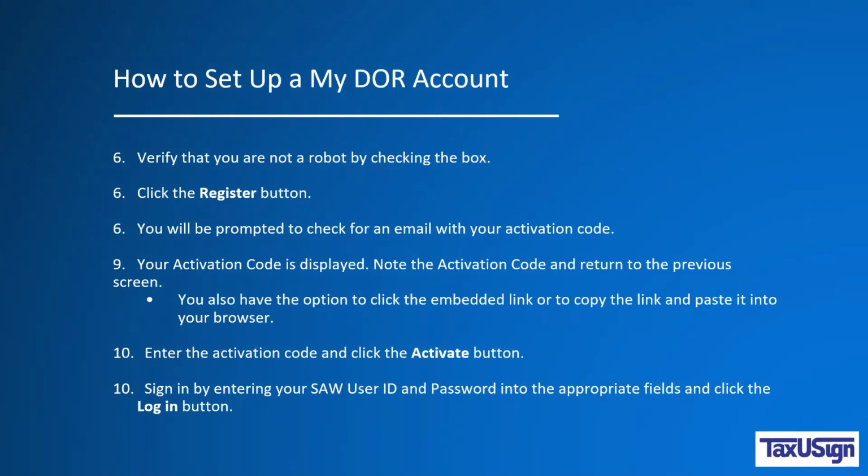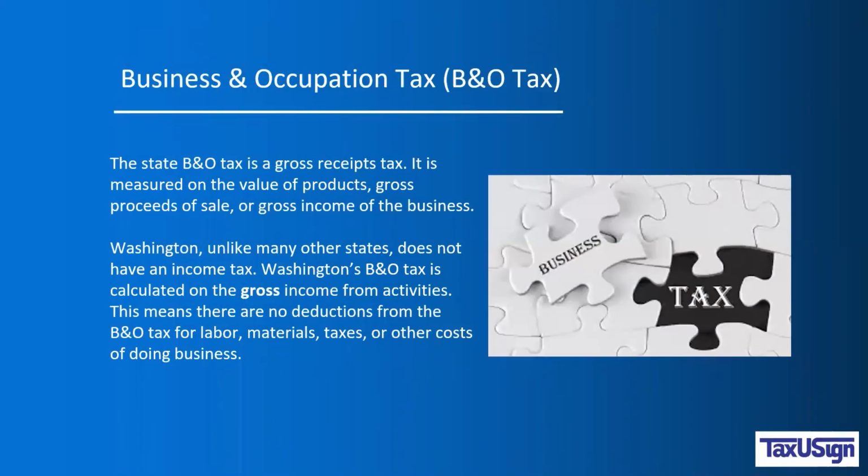Once you have your Department of Revenue account set up, this is where you would file your business and occupation tax return. The state B&O tax is a gross receipt tax. It is measured on the value of products, gross proceeds of sale, or gross income of the business. Washington, unlike many other states, does not have income tax.